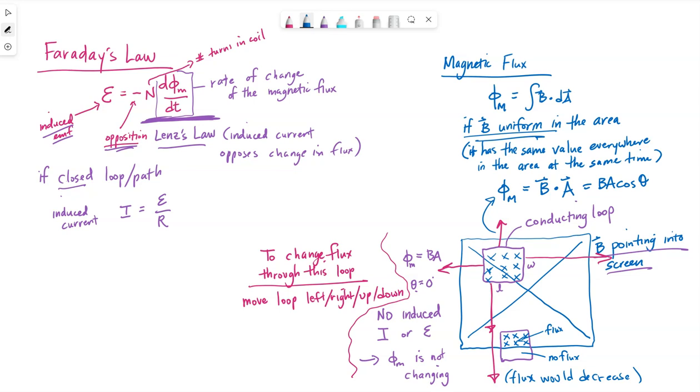Another thing we could do is we could rotate the loop. And by that, I mean, if we have the loop rotated about an axis like this, so that as it turns, we would see a smaller and smaller area. We could also rotate it around an axis this way.